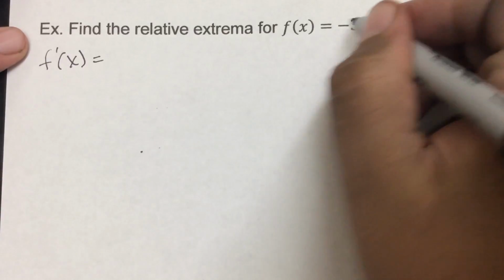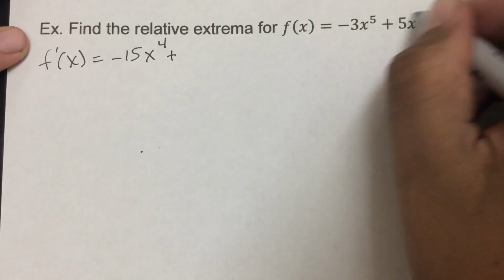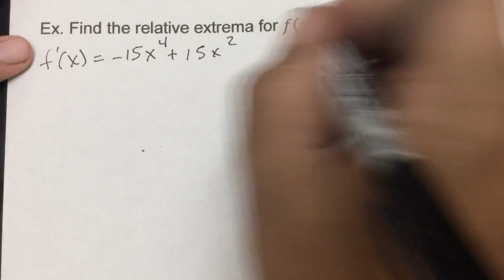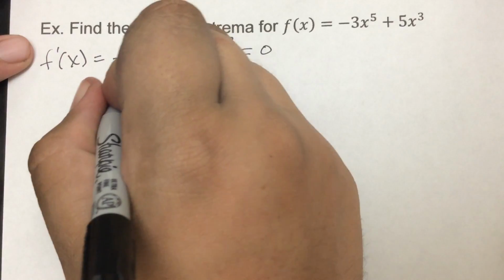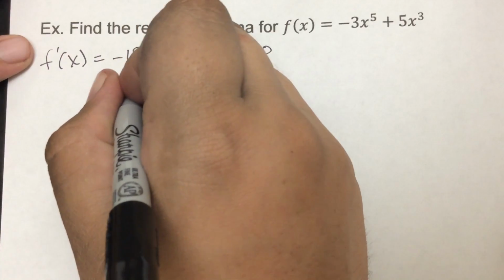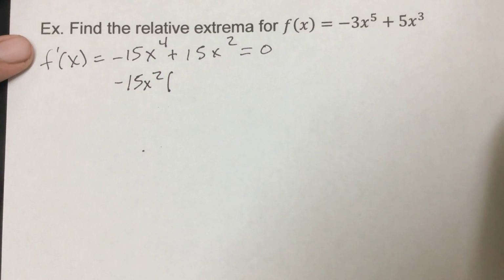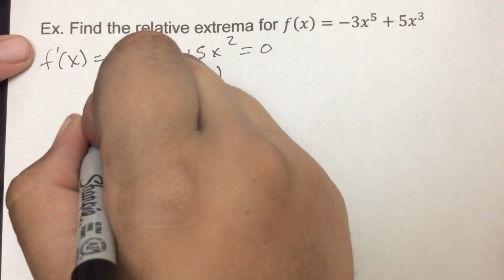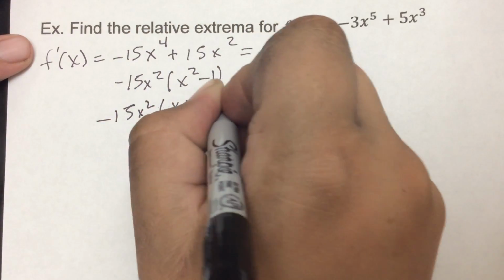So first derivative, we bring the 5 down and have negative 15x to the fourth, plus, we bring the 3 down and have 15x squared. So if I set this equal to 0, I could pull negative 15x squared out, which would leave me with x squared minus 1, which would be negative 15x squared, x plus 1, x minus 1.